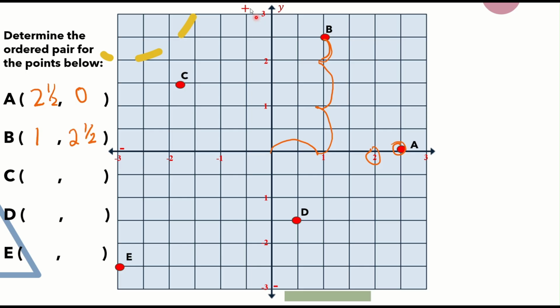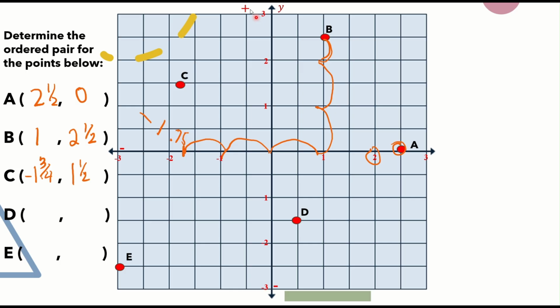Let's look at C. Negative 1, and 75 hundredths, because it's in between my half and my 2. So I'm going to say it's negative 1.75, and then I'm going up 1.5.